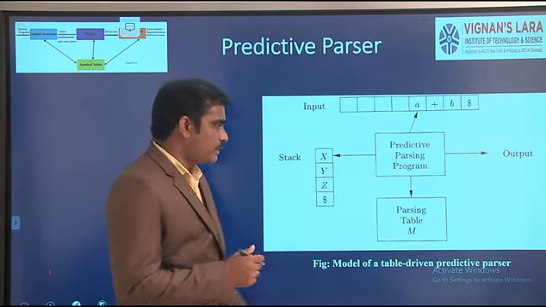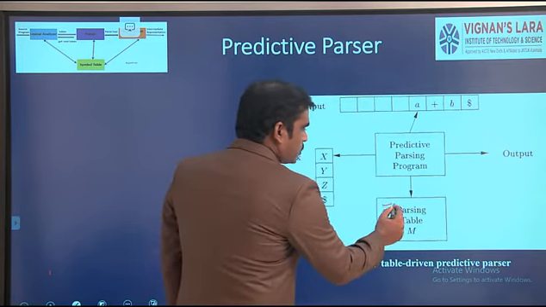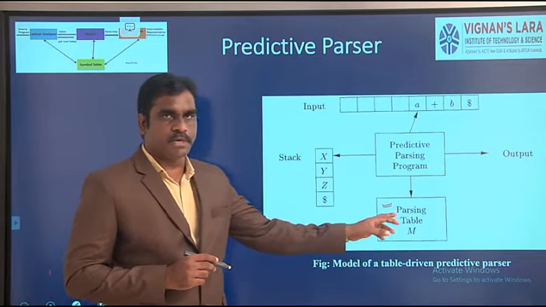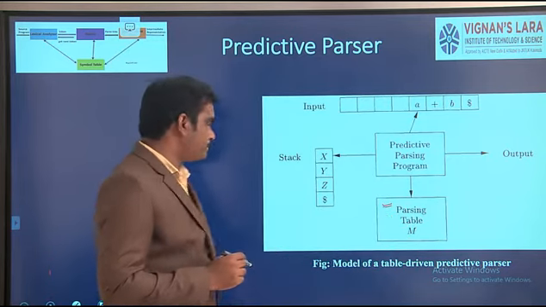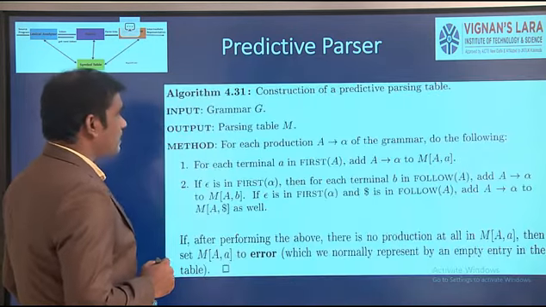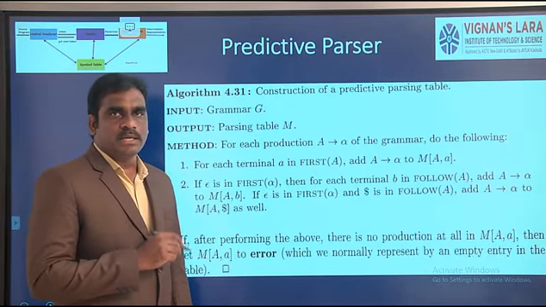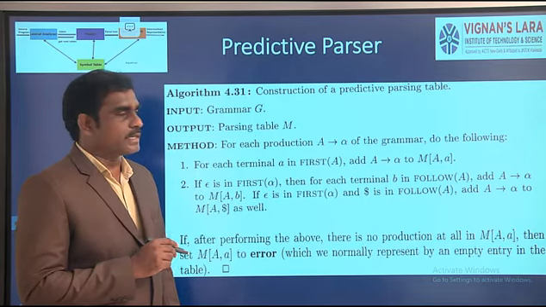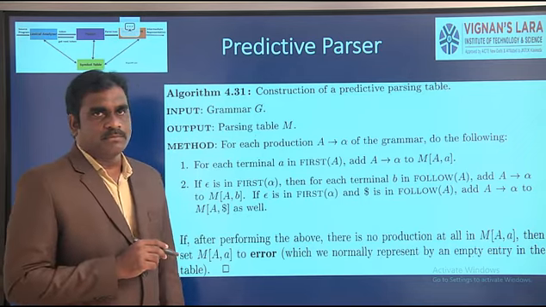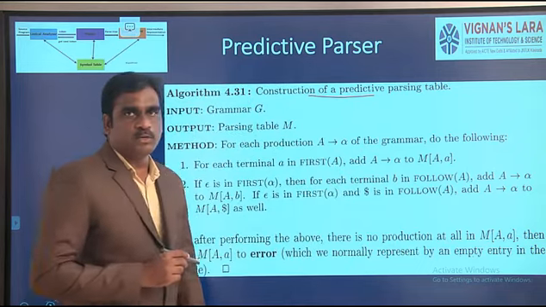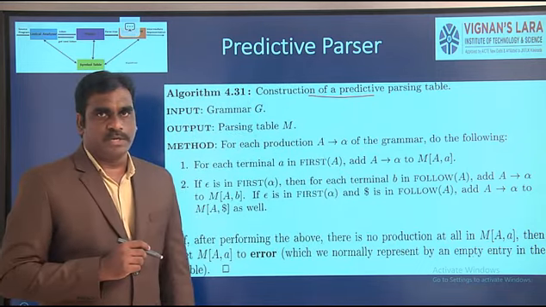In this class, I am going to explain how to construct a predictive parsing table. So this is the algorithm. By using this algorithm, we have to construct a parsing table. This is the construction of the predictive parsing table.